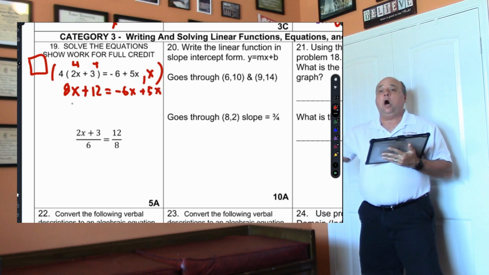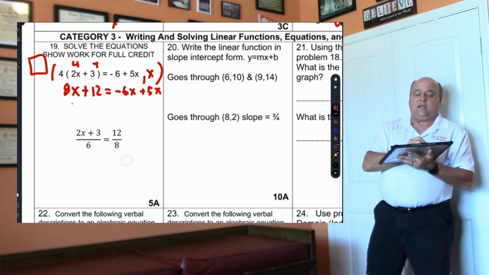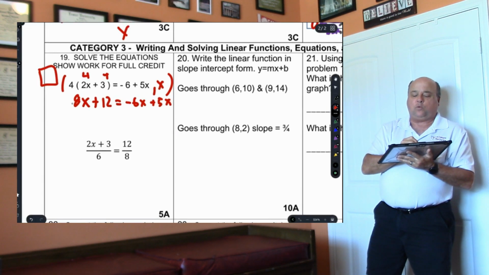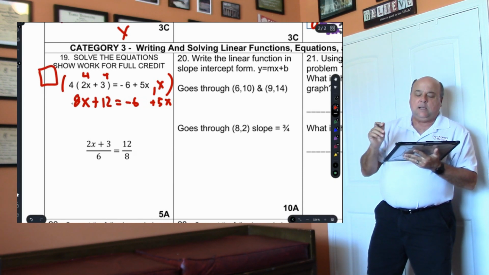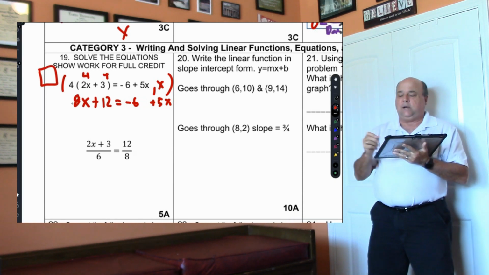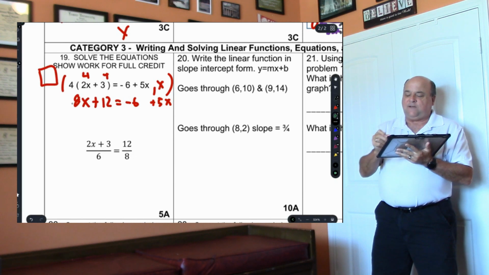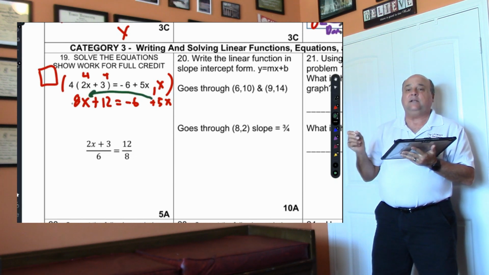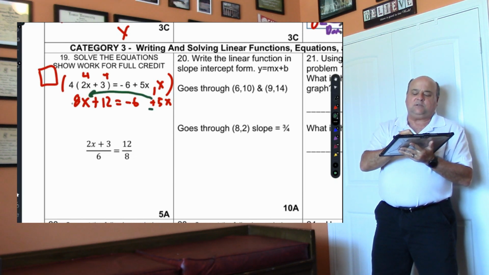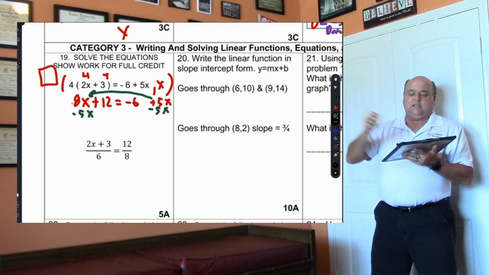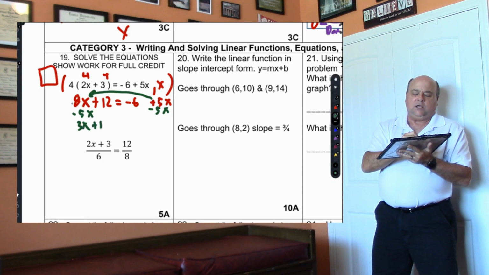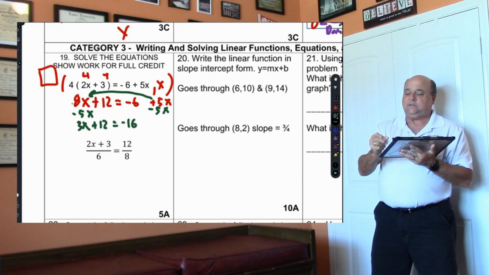Now we want all of the rectangles to go to the left. The 8x is rectangles, the 12 is squares, the 6 should be not 6x but 6 squares, and the 5x is rectangles. So we're going to take this 5x and move it to the 8x. To move it across, the opposite of plus 5x is minus 5x. So 8x minus 5x is 3x, plus 12 equals -6.